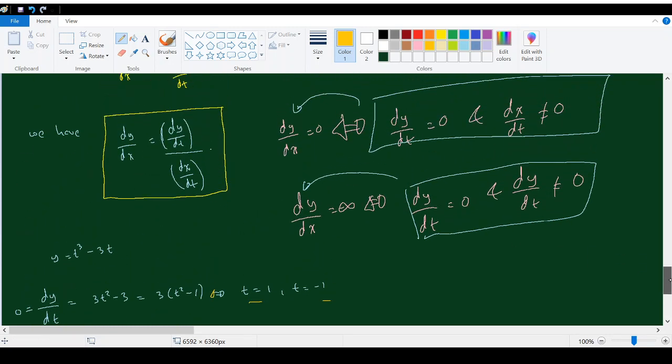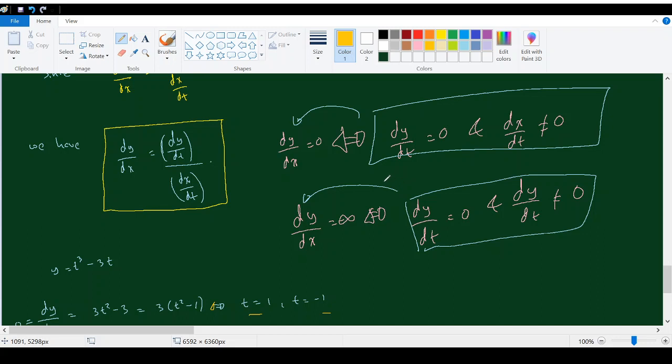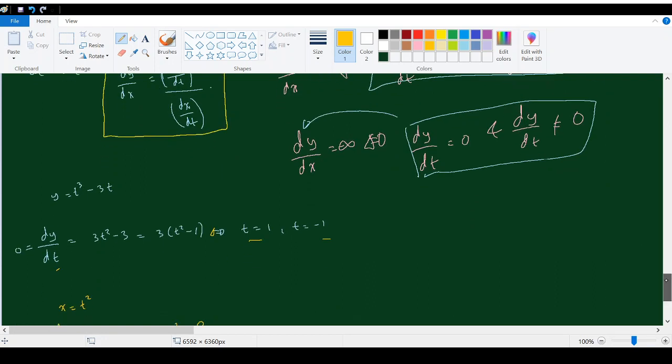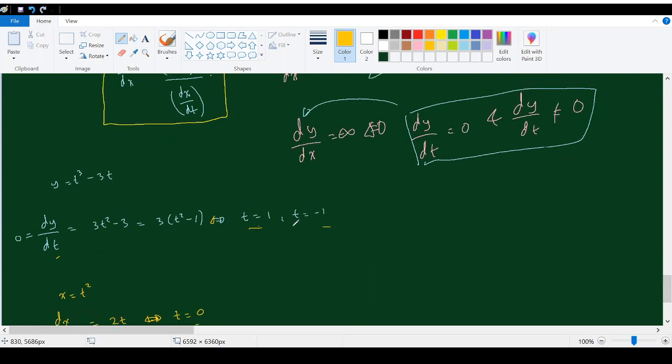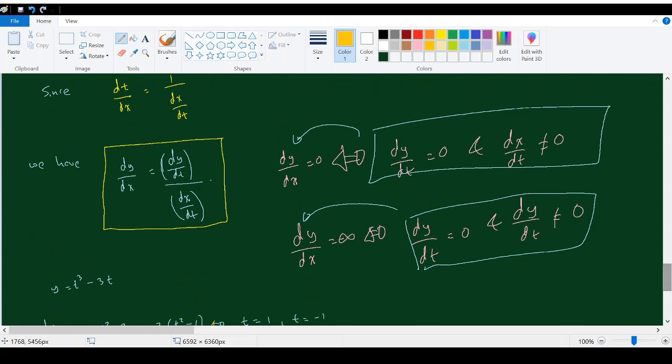Now see, even in this relationship that we obtained before, only one term should be equal to 0. If both become equal to 0, then there will be a problem, right? So from putting all these things together, we can say that at t equals plus or minus 1, that means when this is equal to 0, the derivative of y with respect to x will be equal to 0.